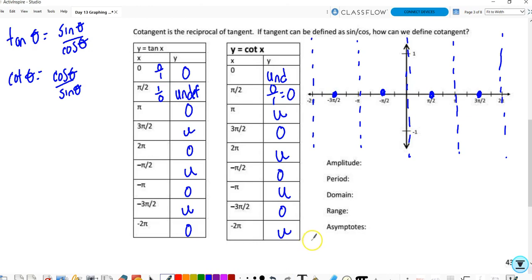And again, that's not much to graph by. So let's think about pi over 4 again. What is cotangent of pi over 4? So cotangent of 45 is 1 over 1. That's 1.